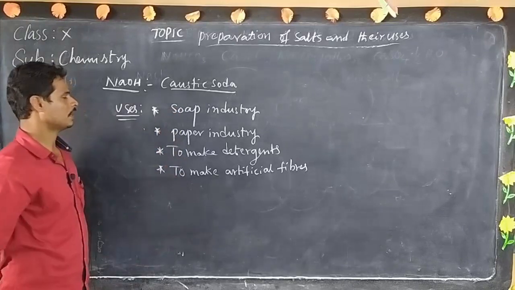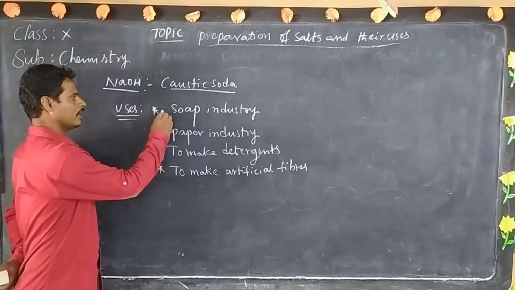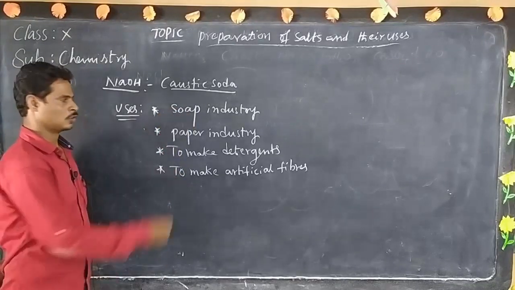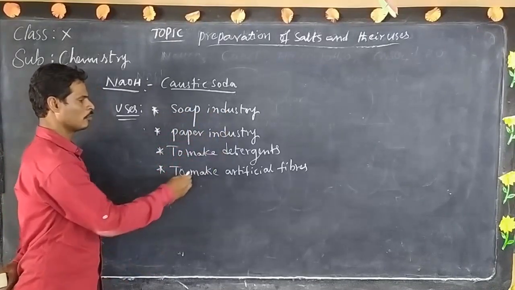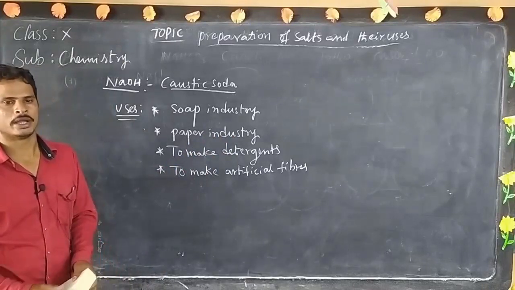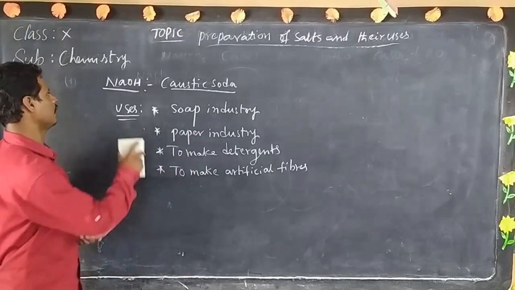These are the uses of sodium hydroxide. It is used to make soap, that means soap industry, paper industry, to make detergents, to make artificial fibers.